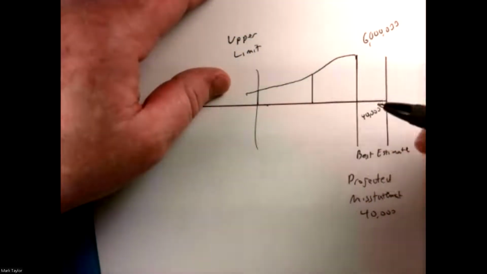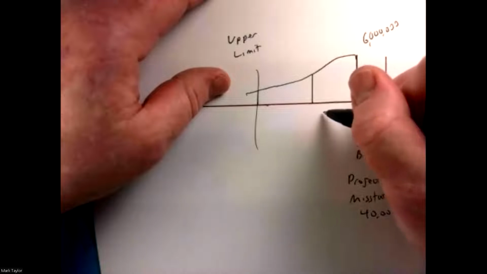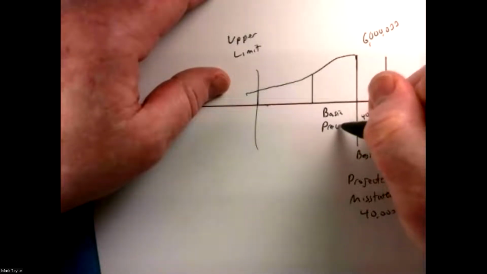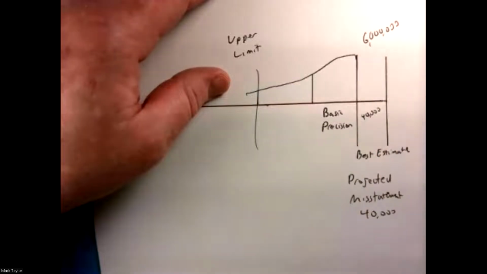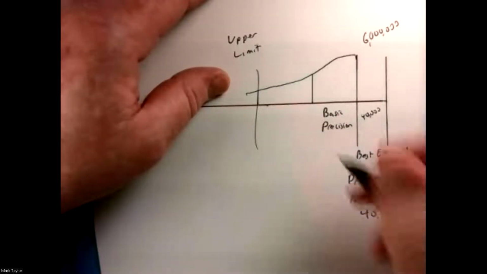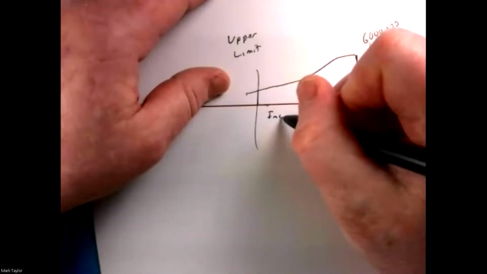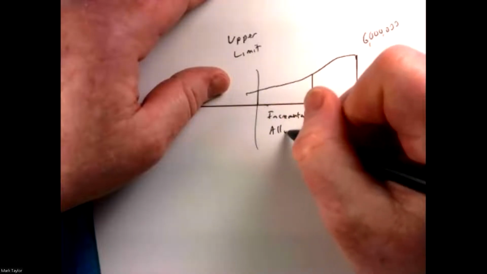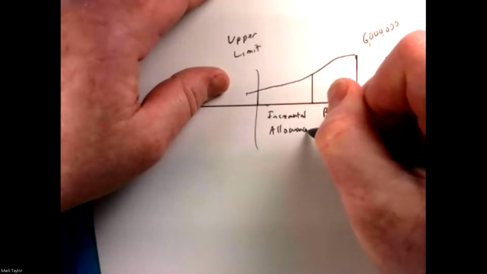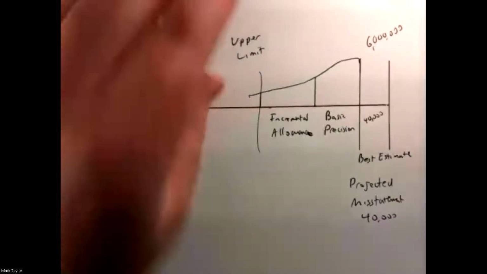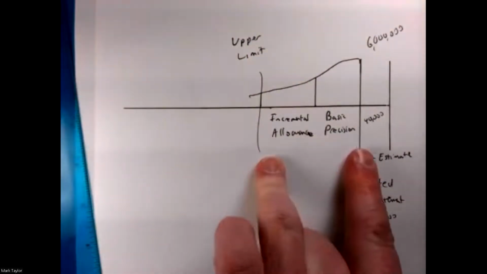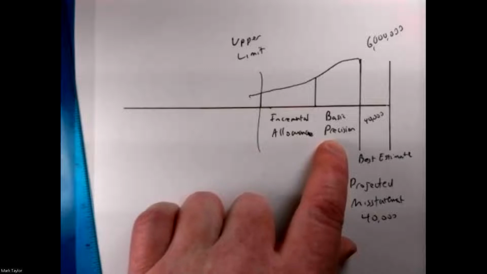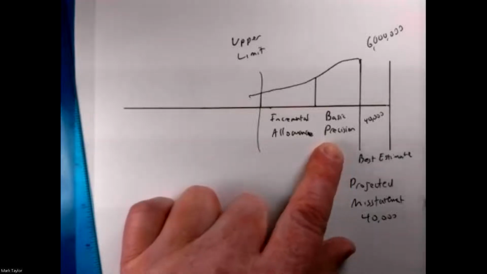And there are two things that go into that: basic precision and incremental allowance. So these are the two things that could go into those additional amounts. The first one is just because it is a sample.